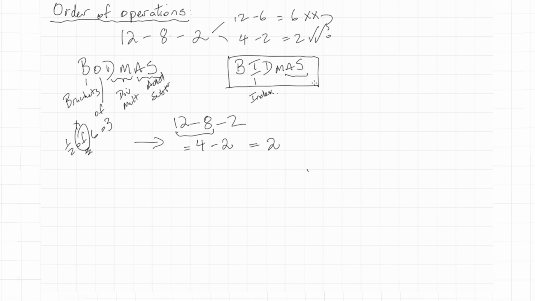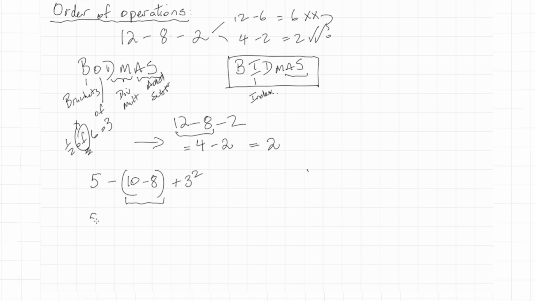And maybe if I just do a few more examples, that will help you. So if we had, say, 5 minus 10 minus 8 plus 3 squared. Okay, so we scan through and we say, are there any brackets? B stands for brackets. So yes, there are. So we do the brackets first.